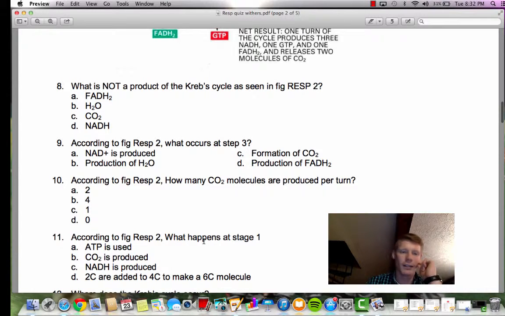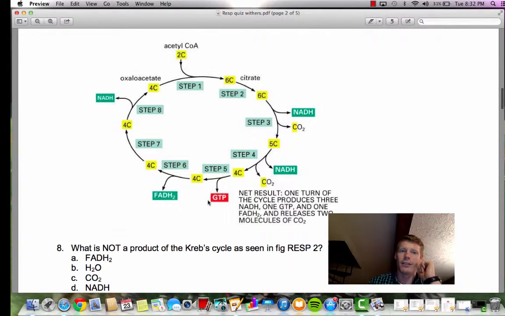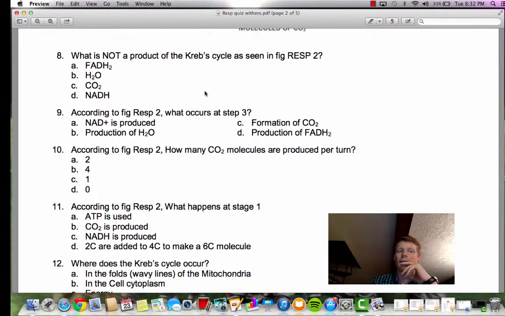Question 11. According to figure respiratory 2, what happens at stage 1? So let's look. Stage 1's right here. Is it A, ATP is used, B, CO2 is produced, C, NADH is produced, or D, 2C are added to 4C to make a 6C molecule?